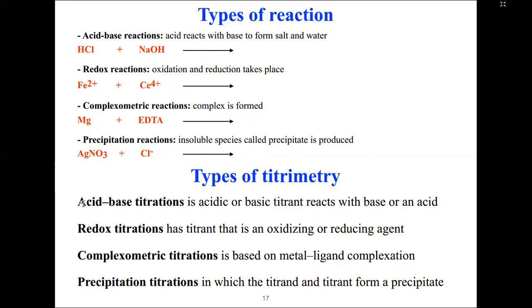For example, if you want to analyze the concentration of hydrochloric acid, then you need to know what is the other reagent that you are using. In the redox titration, you have oxidant and reductant. Complexometric titration, you have the metal and ligand. And the precipitation titration, you have these two reagents.